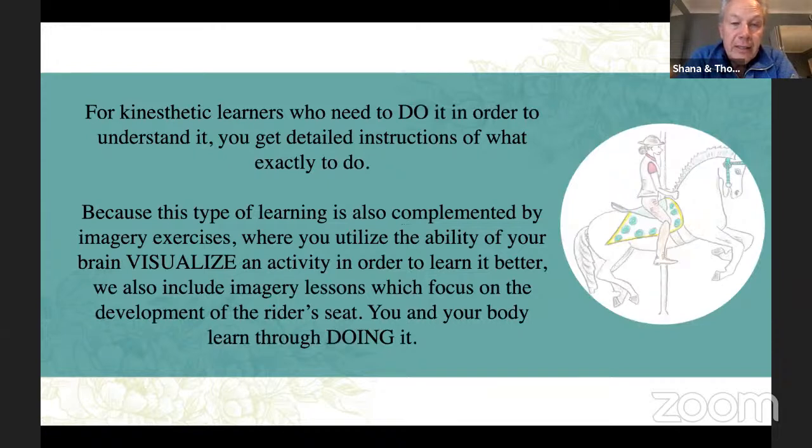Then for the kinesthetic learners who need to do it in order to understand it, you get detailed instructions of what to do. That type of learning is also complemented by imagery exercises where you visualize certain things, so we include mental image lessons that deal basically with the seat that you use in the canter or for whatever purpose, right?